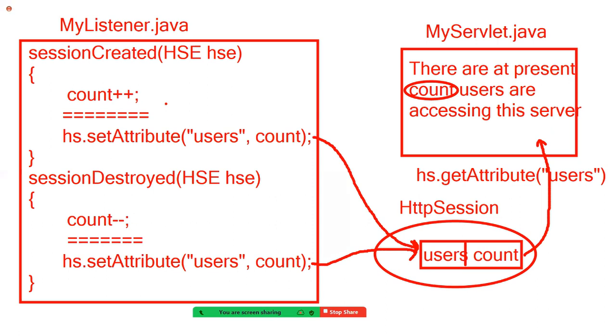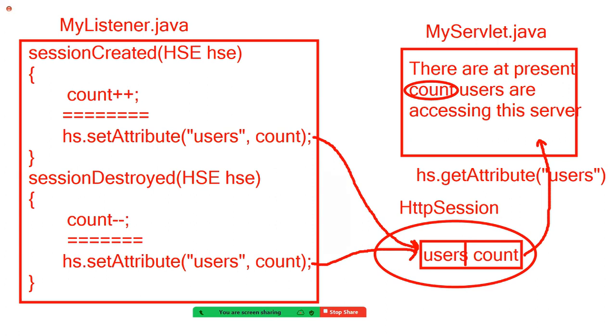Is it completed? Here, from the browser I'll send a request to this servlet. Here I'll write session. Then one user is logged in, then count plus plus. Again I'll send a request to this servlet with another browser, or I'll close the browser and open another one. Again one more session.